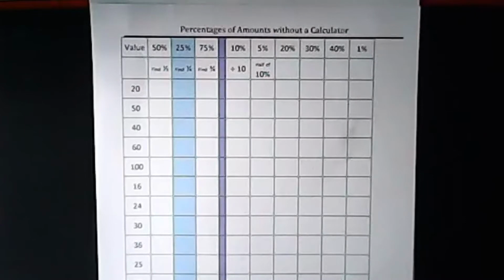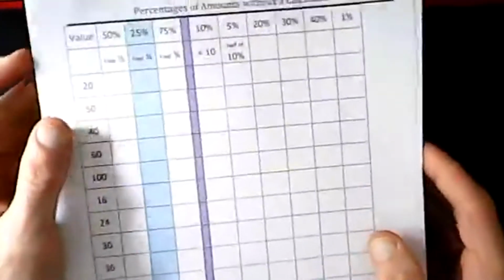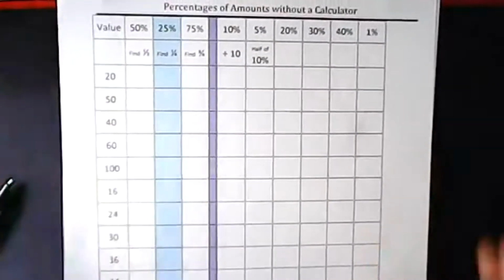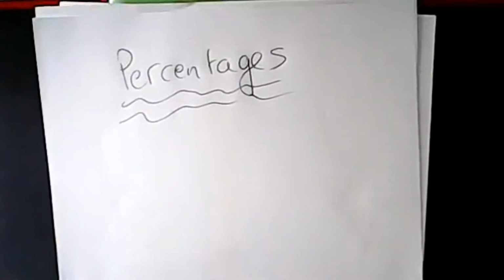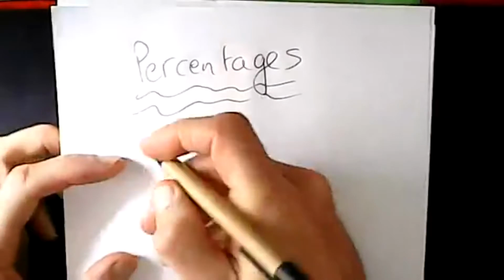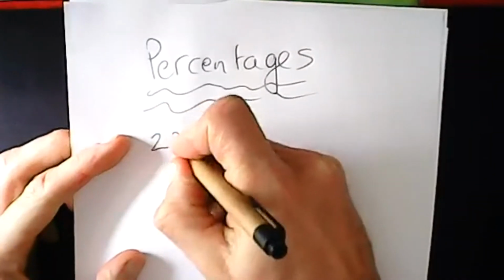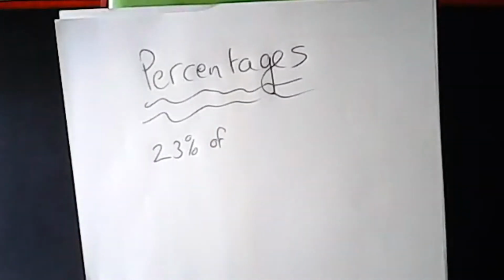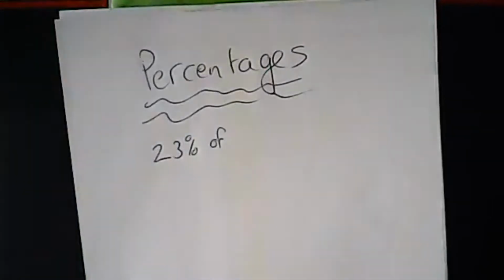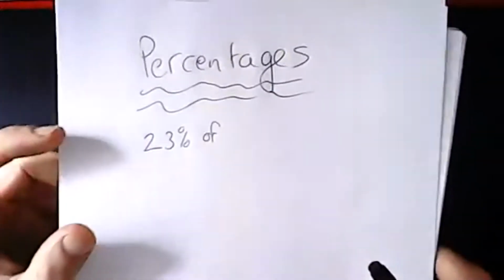Right. So what I'm going to do first of all is get this a bit higher up so we've got more of an idea of what's going on and you can see the numbers. When we're dealing with percentages without a calculator, let's have a look at a question first. Suppose I wanted 23% of £48.